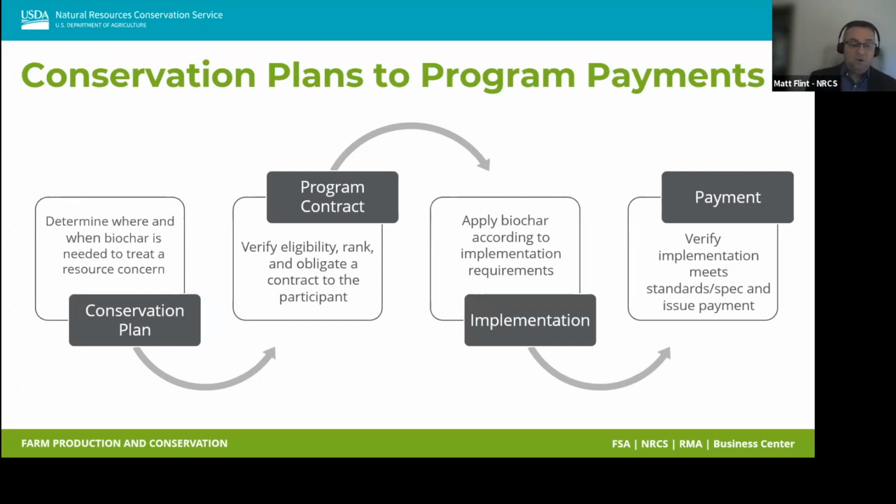Like Ilana summarized, the program contract deals with eligibility, ranking for selection, which is competitive, and obligating a contract so the participant has an agreement they can count on for the payments promised. Then there's an implementation phase, which is related to the technical part. The conservation plan applies biochar according to a set of implementation requirements that NRCS or a technical service provider, somebody qualified, will provide to the client.